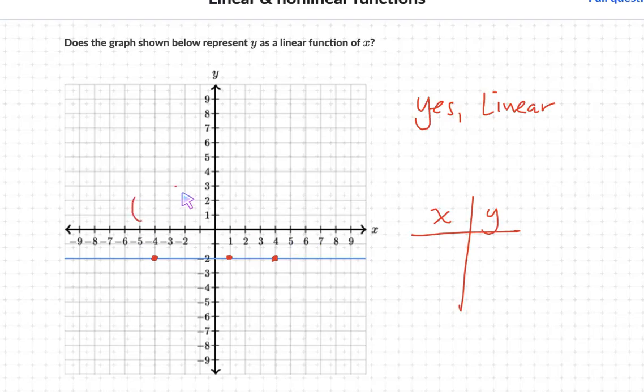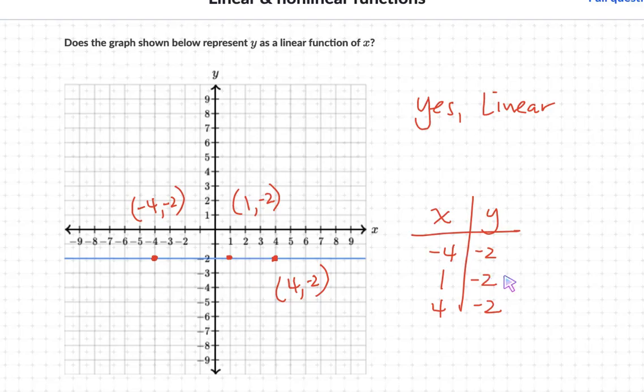So I'm going to figure out the ordered pairs, and just 3 points is fine. This is (-4, -2), this is (1, -2), and this is (4, -2). So my x, y's are (-4, -2), (1, -2), and (4, -2). That's how we create the table of values.